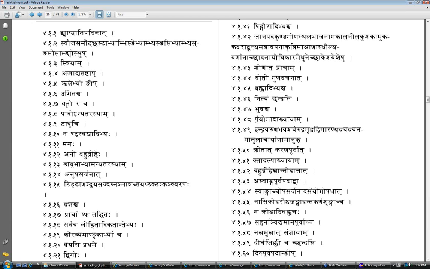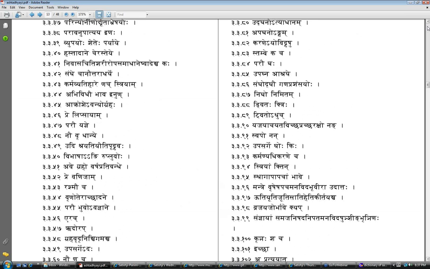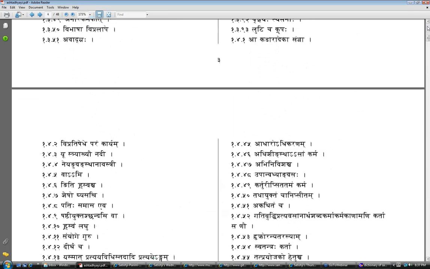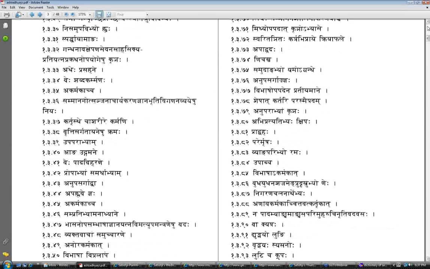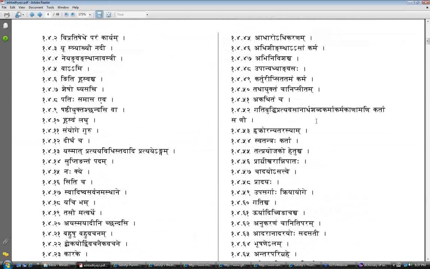It's important to us because in 1.4.17 Panini says Svadishvasarvanamasthane. So when you add any Svadi Pratyaya, the Angam gets a Padasanjna. But the Apavada for that is Yachi Bham. So 1.4.17 and 18 immediately kick in when you have any Taddhita Pratyaya, because they're also Svadis.